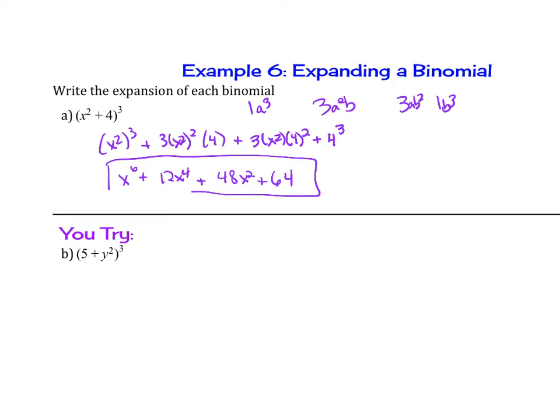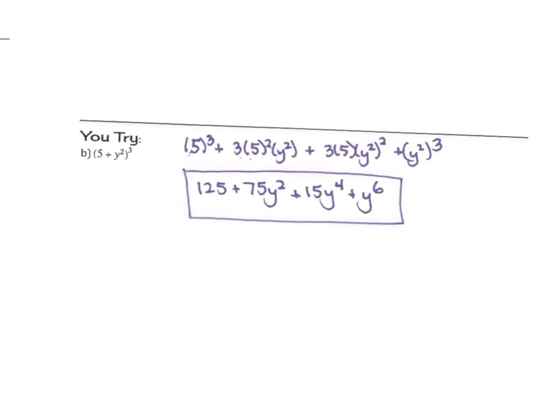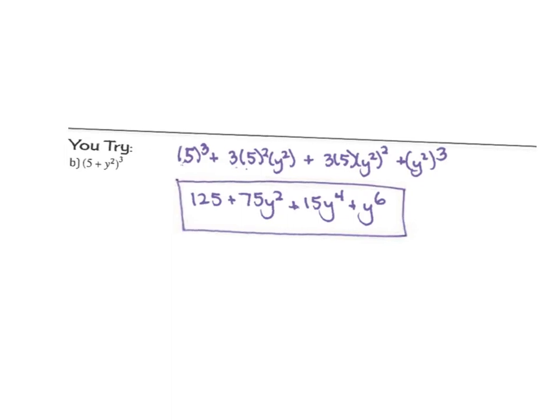So same thing that we've done before. We just have to be careful with that extra power there. So try out letter B. So trying this out, this is what you should have gotten. 125 plus 75y squared plus 15y to the fourth plus y to the sixth.